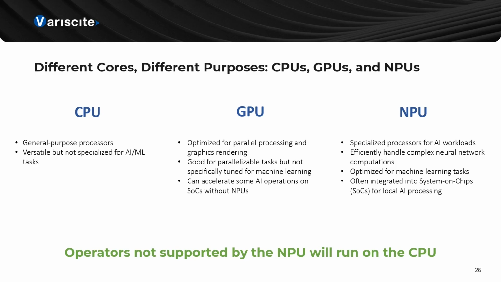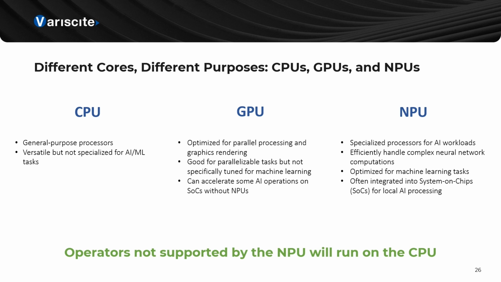Next is the GPU, or graphics processing unit. GPUs are optimized for parallel processing and rendering graphics. They excel at tasks that can be broken down into smaller parallel units, which makes them useful for some machine learning applications. However, while GPUs are powerful, they're not specifically tuned for machine learning tasks.